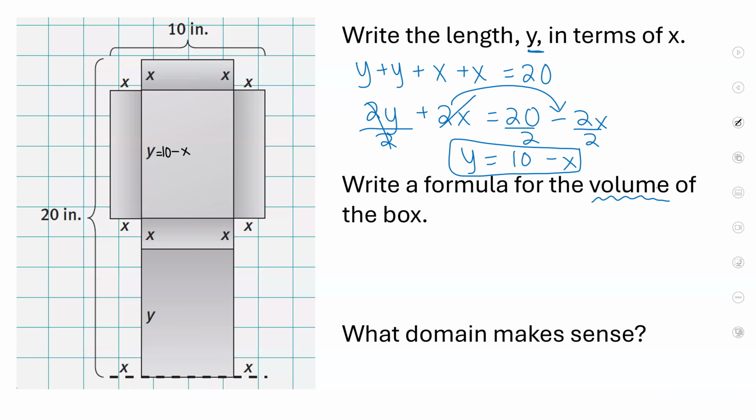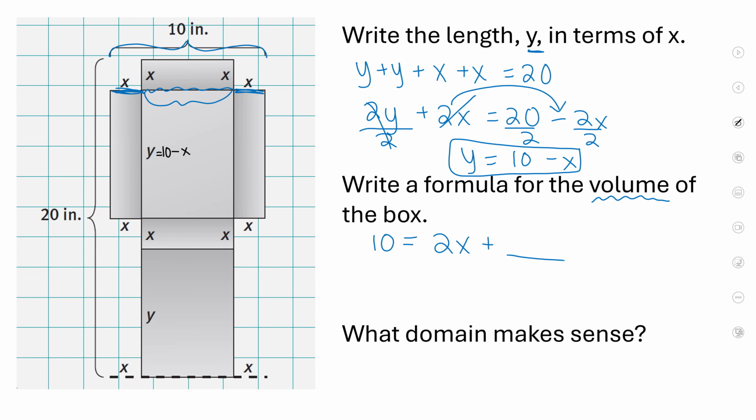Okay, so from here to here, let's figure out what that length is. I know this from here to here is 10. That's what they tell me. So I know that 10 is this x and this x, so that's 2 x's, and I don't know what this part is. This is a mystery.